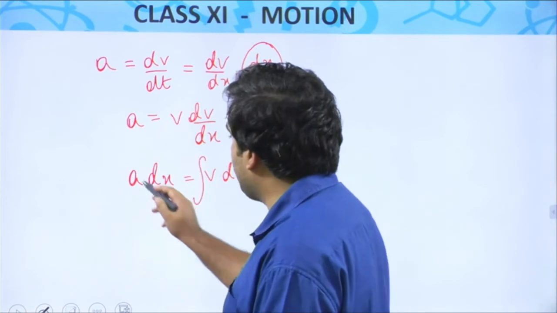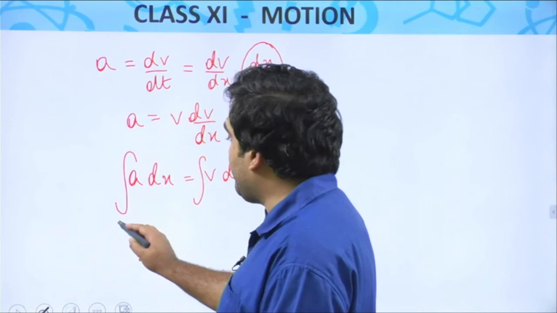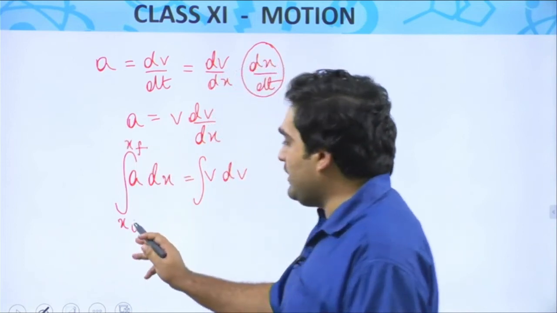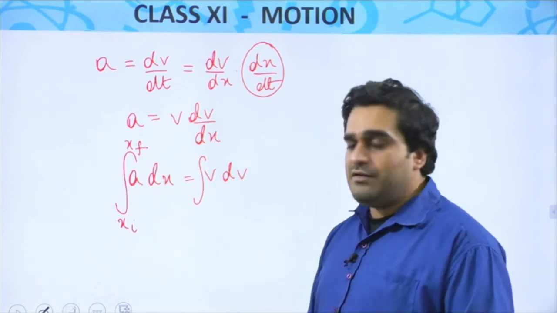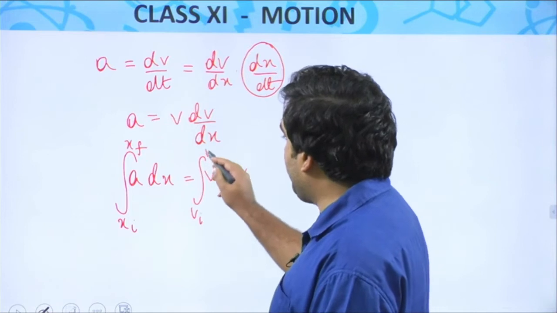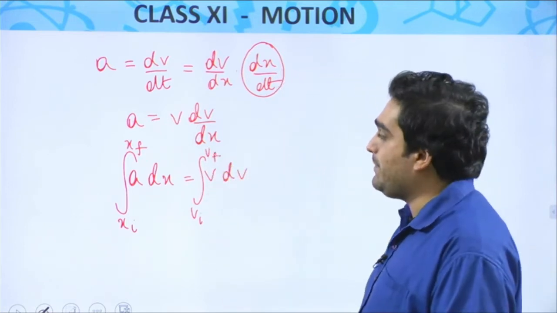Integrate them. You're integrating it with respect to x. Therefore, let xi and xf be the initial position and the final position, and vi and vf be the initial velocity and the final velocity.